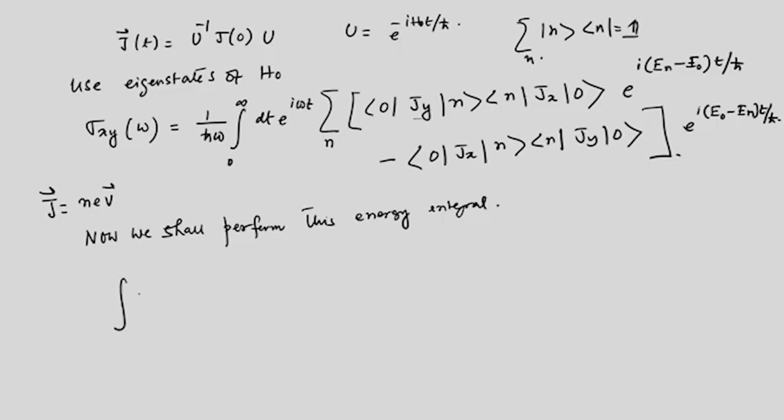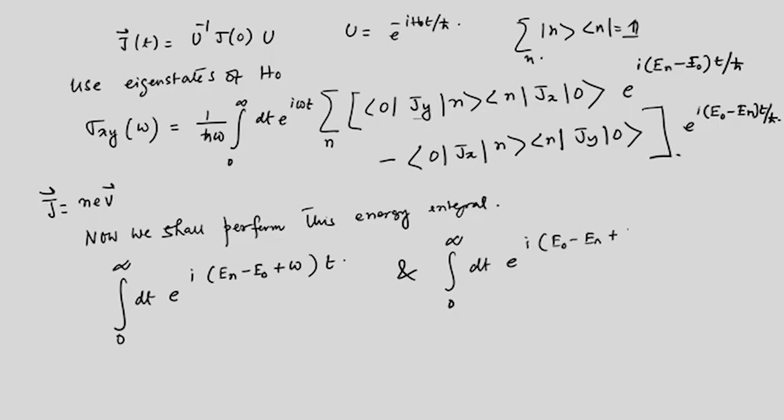Now the energy integral looks like the integral dt exponential i (En minus E0 plus omega) t, and the other one looks like the integral from 0 to infinity, both the cases, dt exponential i (E0 minus En plus omega) t, and then of course there is an h cross that one needs to put there. Omega by h cross is energy, so omega equal to h cross omega.